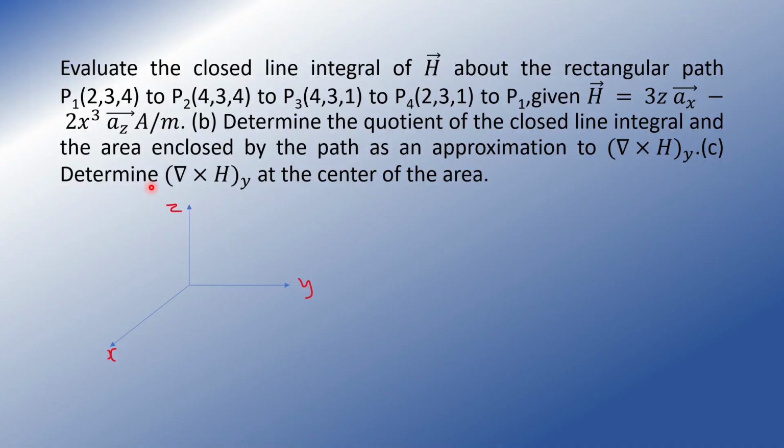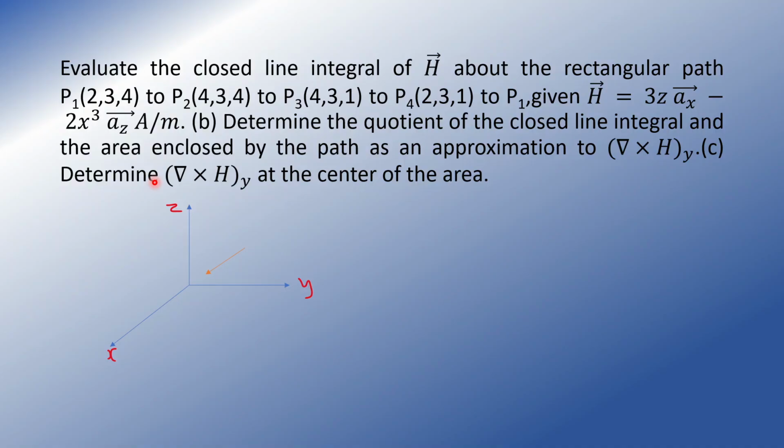The x, y, z axes are shown here. This is the line joining P1 to P2, where the coordinates are 2, 3, 4, that is x value 2, y value 3 and z value 4. For P2, only the x coordinate changes; y and z values remain the same. So the direction from P1 to P2 is positive x.